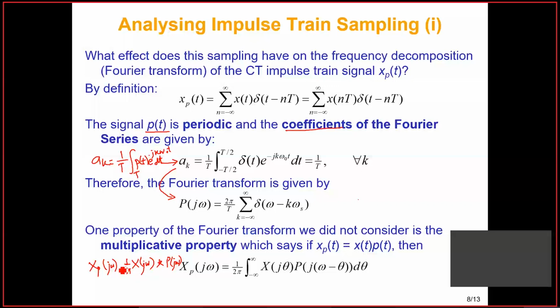So it is just this. And how did we get this? This actually came from right here, because x_p(t) was simply multiplication of x(t) with p(t).